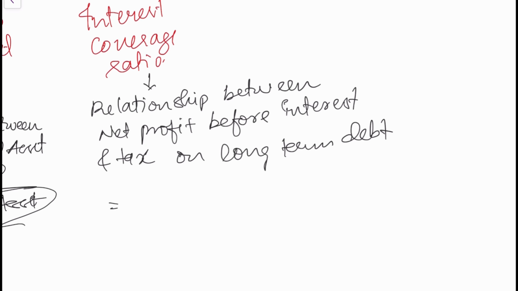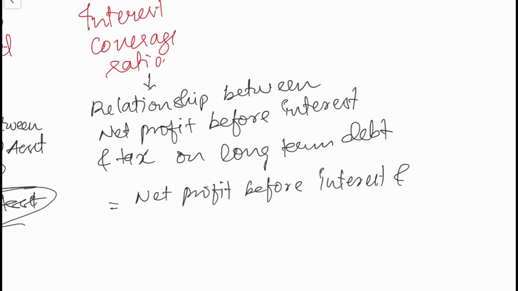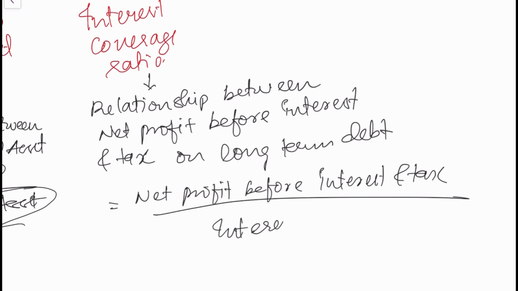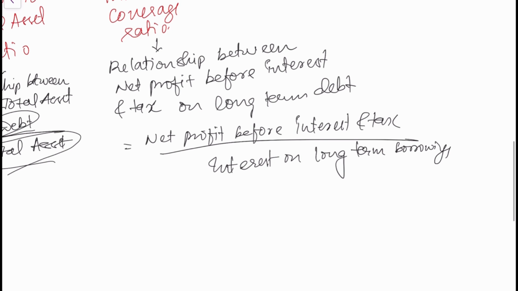So the formula is net profit before interest and tax, it is very important, you have to calculate the net profit before interest and tax. If the net profit after interest and tax is given, then you have to add back the interest and tax, divided by interest on long-term borrowings. Okay, so this is the formula for interest coverage ratio.